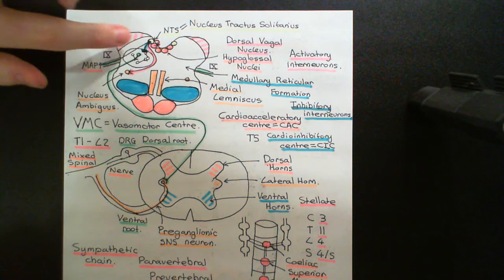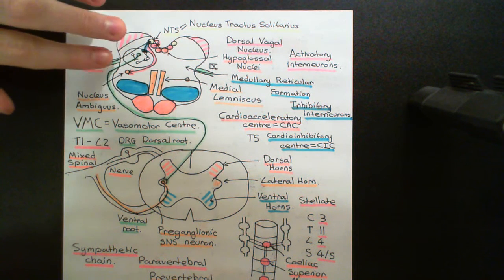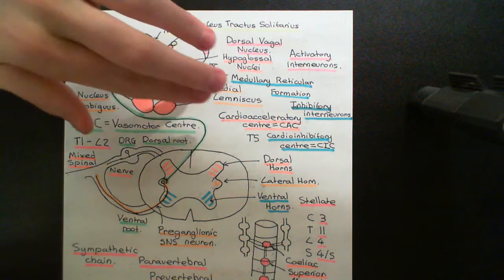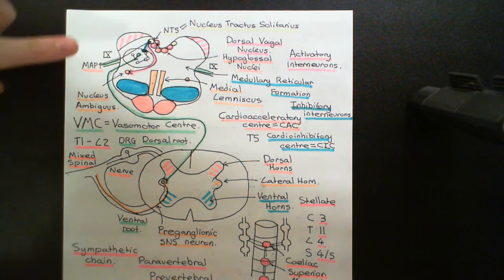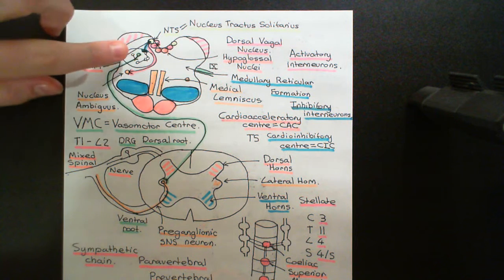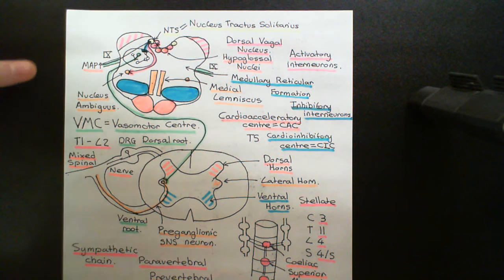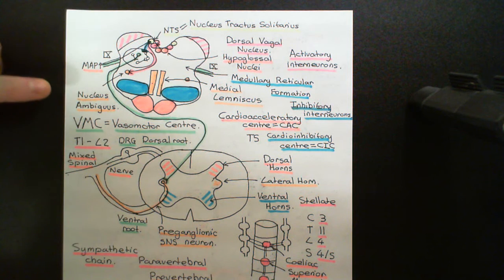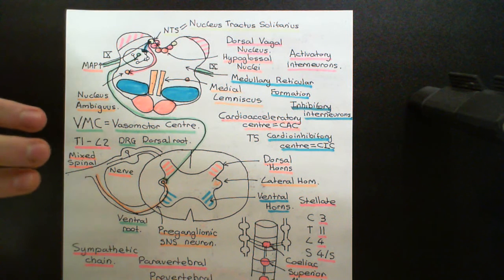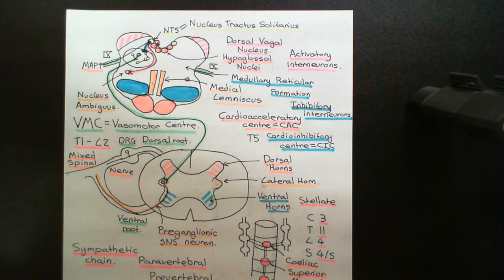Okay, so overall inhibiting this network of neurons, which is the vasomotor centre or the Cardioacceleratory Centre, is going to result in a lower frequency of action potentials being sent down these output neurons, which then means that you're going to get less firing of the preganglionic sympathetic nervous system neurons and therefore less firing of the postganglionic sympathetic neurons.